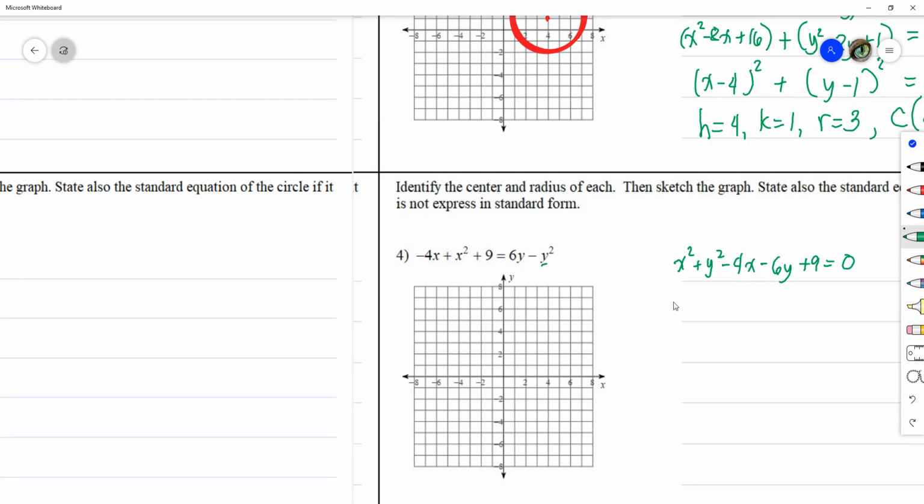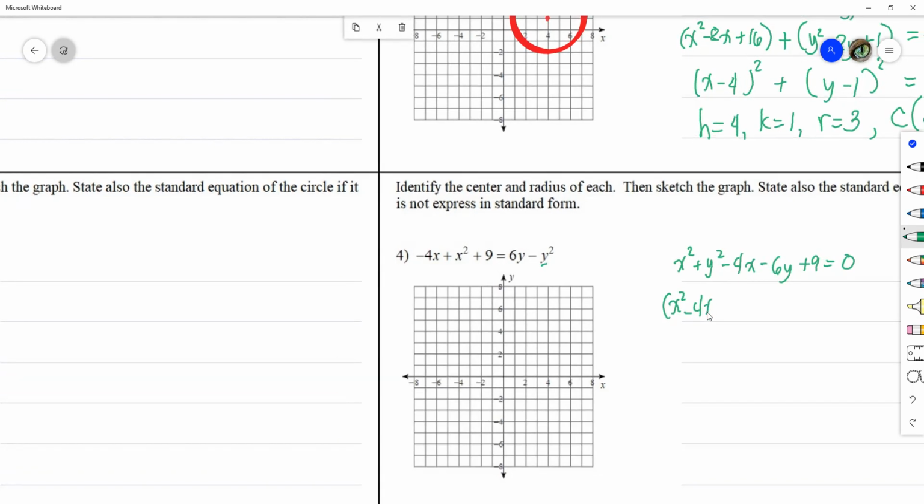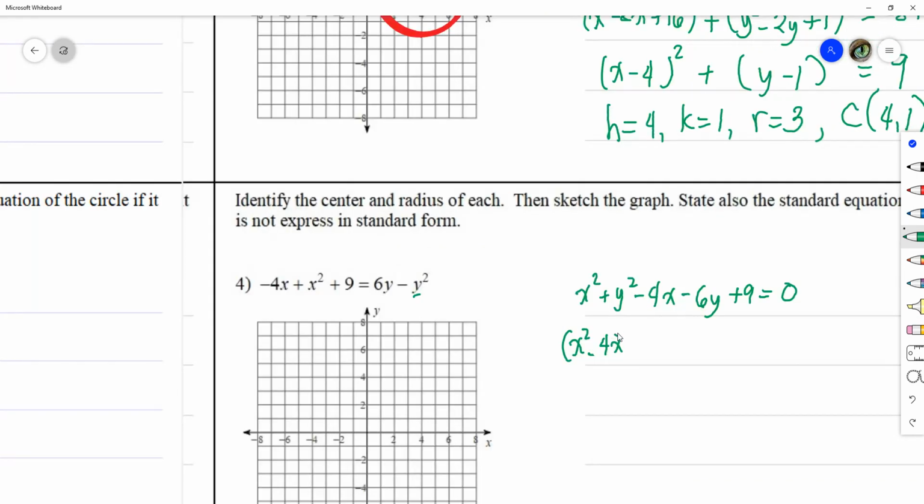So we have to group those terms with common variables. So we have the quantity of x squared minus 4x plus another quantity of y squared minus 6y, that's one quantity, plus 9 equals 0.